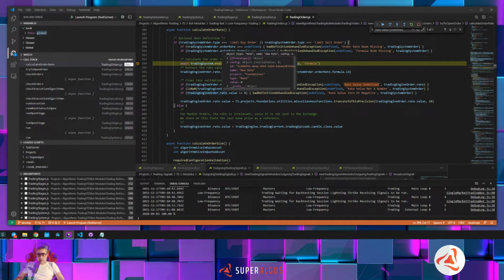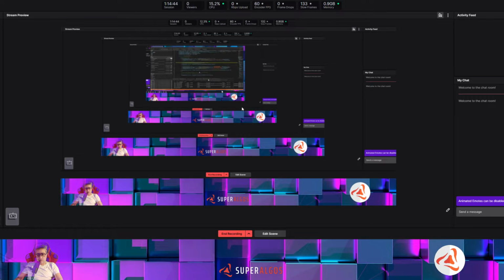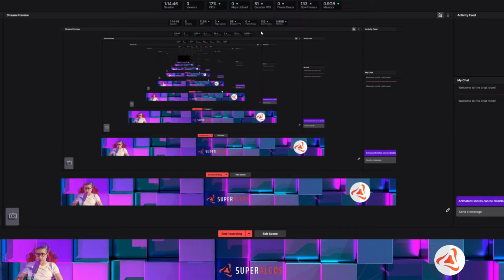Okay, so here we are. This is our call stack: calculate the rate, try to open order, check order, and so on. So now we'll get into here. Oops, what happened?